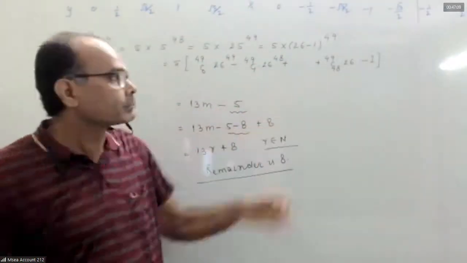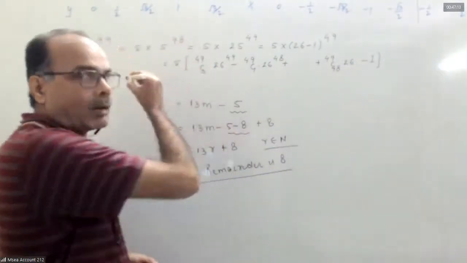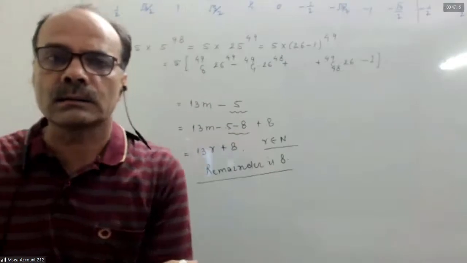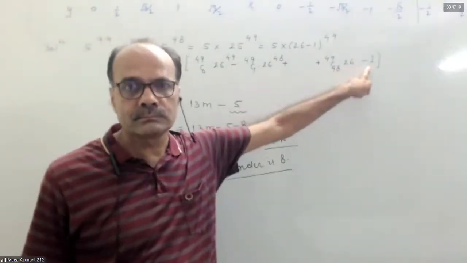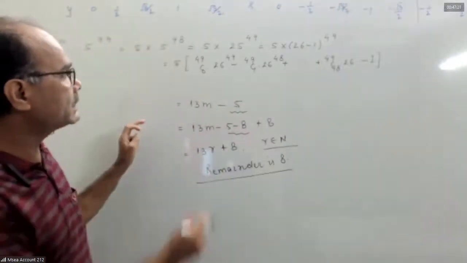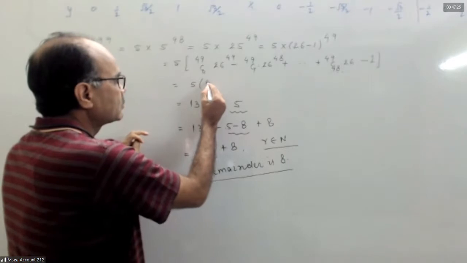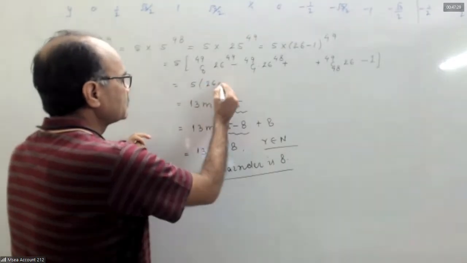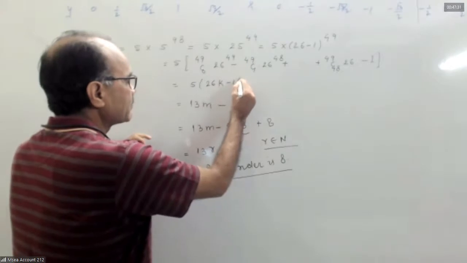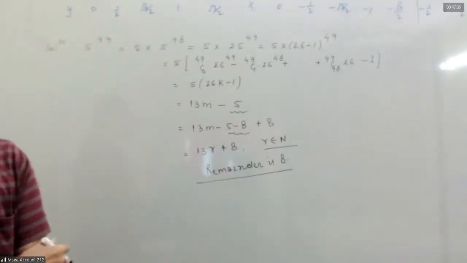So before the second last term, all are divisible by 26. What is the last term? Minus 1. So that's why I have written this equals 5 into 26k minus 1. Can I write it? Yes, sir.